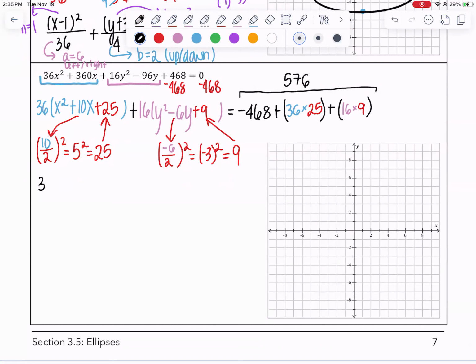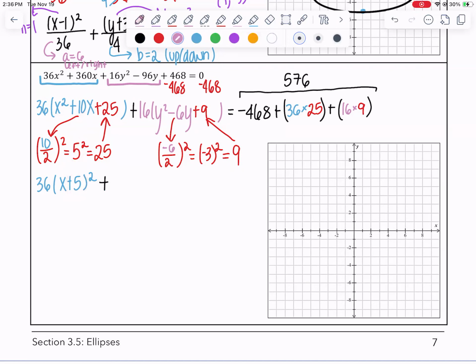All right. We have 36 times this guy here, which factors into x plus 5 quantity squared. Again, half of that 10 is what ends up working.